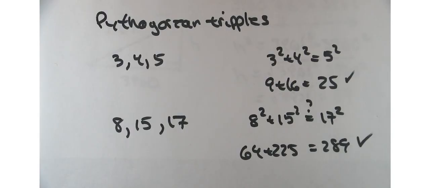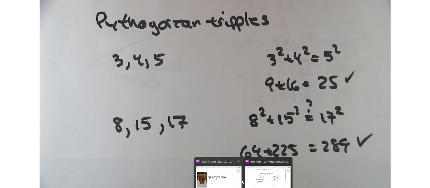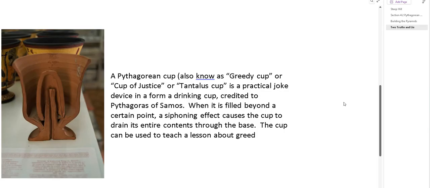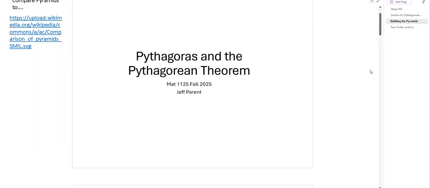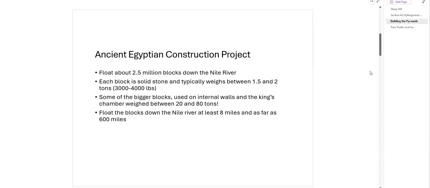In fact, it's how the Egyptians built the pyramids. So imagine this. You're a contractor.